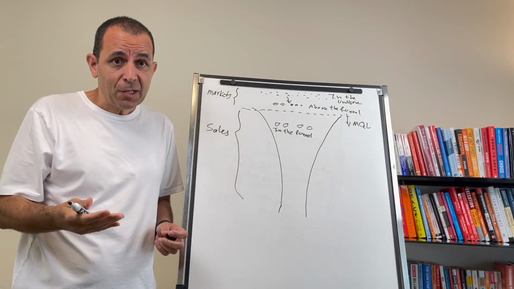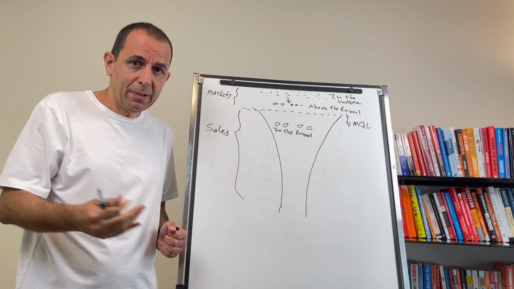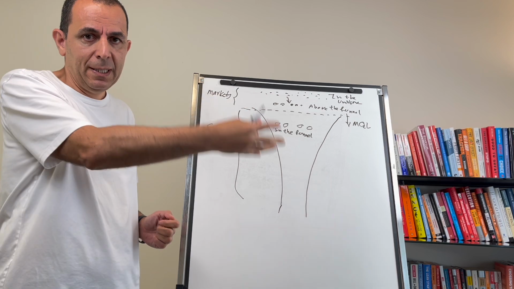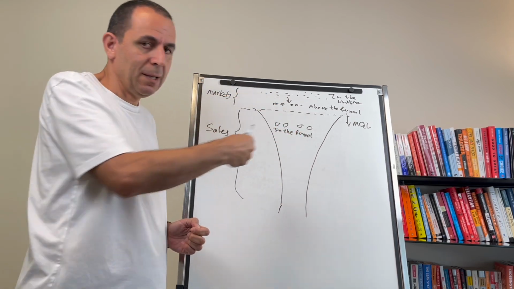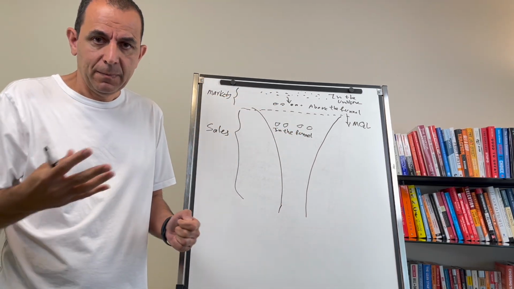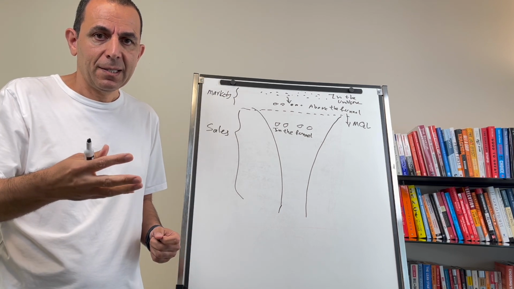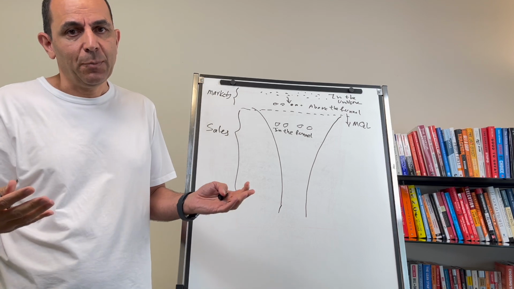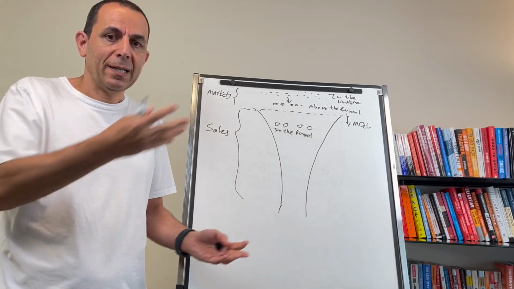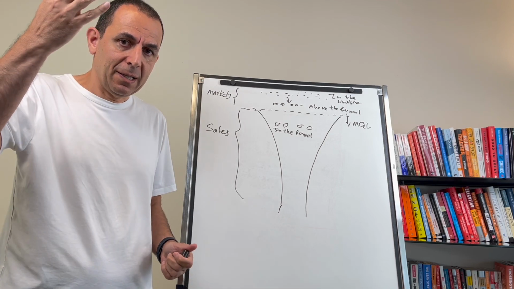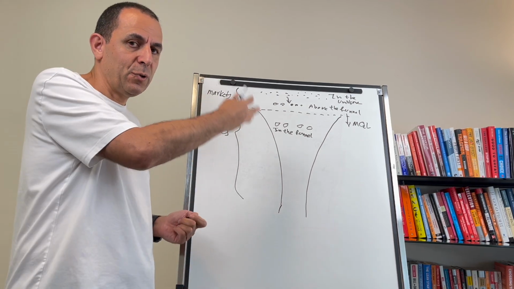In an early stage company, it's possible that the same person or same people who are doing the marketing and MQL are also doing the sales. Not a problem if that is the case. It's still okay as long as the person or the team knows that at this point we are changing the hat that we are wearing to a salesperson hat versus a marketing hat.